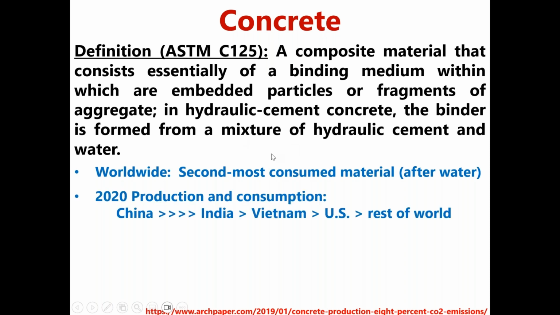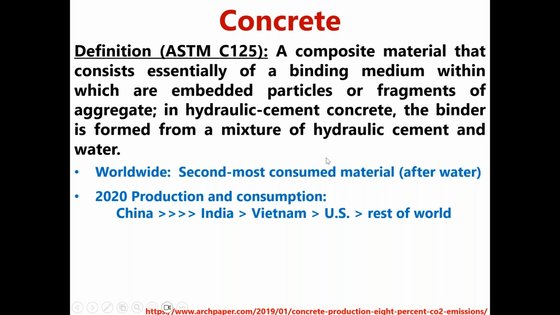In 2020, so this is about 5 years old, these stats, China was definitely the world's leading producer and consumer of both cement and concrete, followed by a distant second India, followed by Vietnam, then US, and the rest of the world.